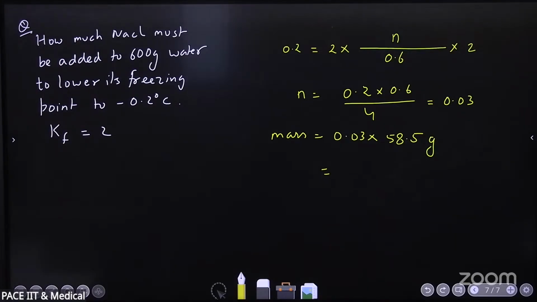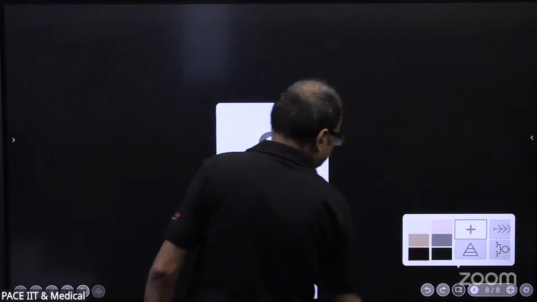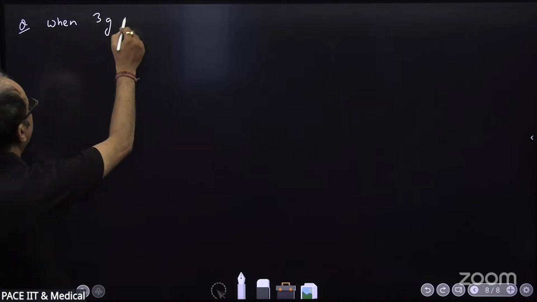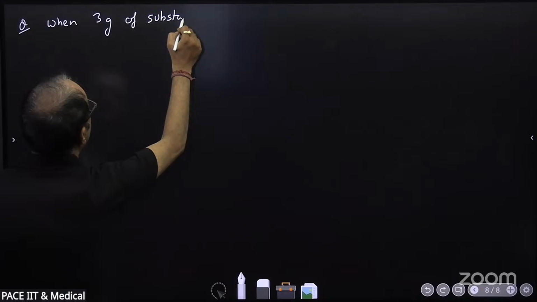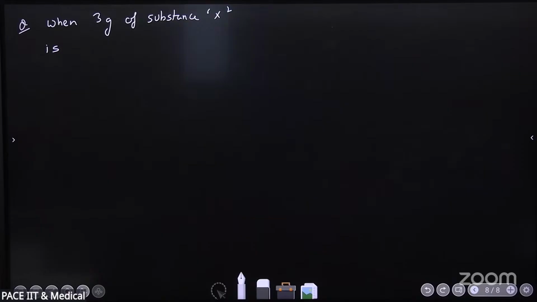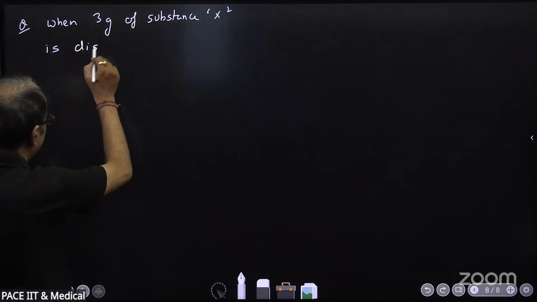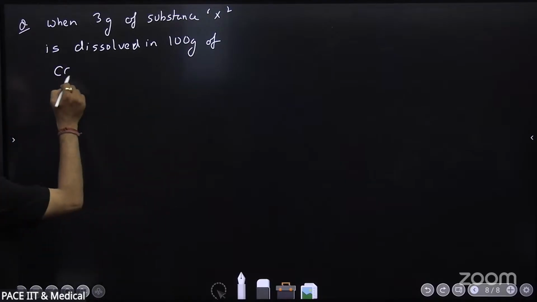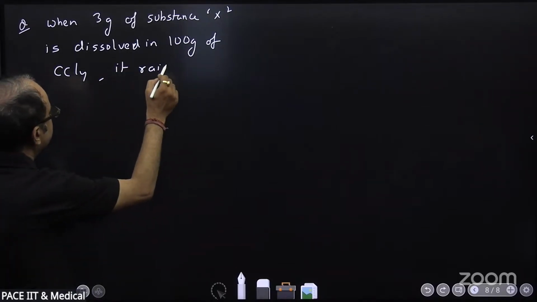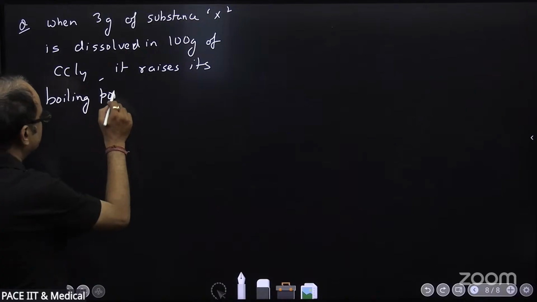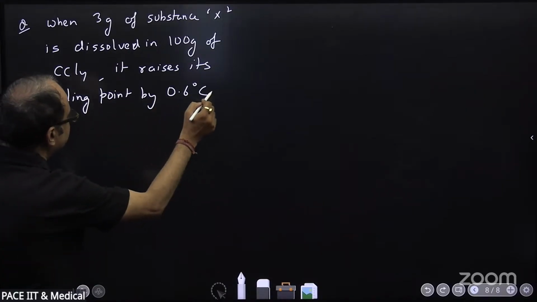Another such example, let's take: when 3 grams of substance X is dissolved in 100 grams of CCl4, it raises its boiling point by 0.6 degrees Celsius.